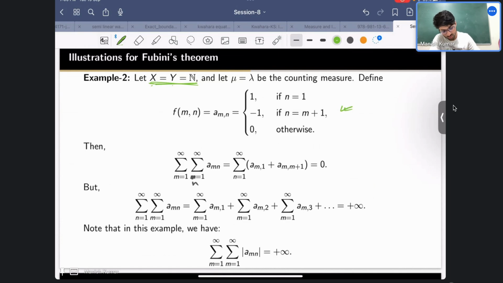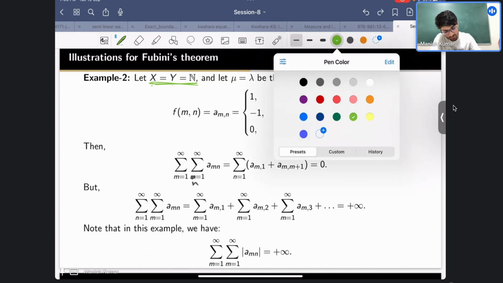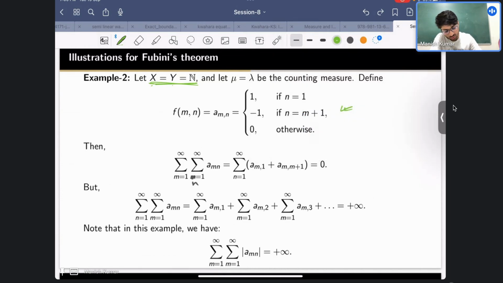So when we consider n first, let's see. What is the definition of a_mn? It takes the value 1 when n is 1, so a_{m,1} is 1, and a_{m,m+1} is minus 1. The rest are 0.